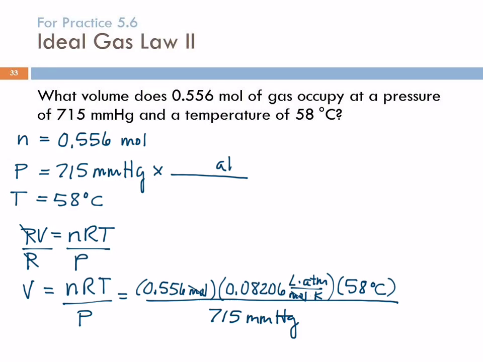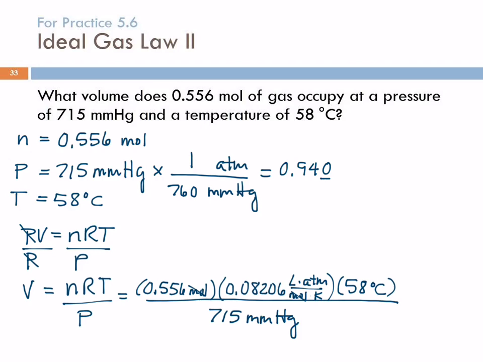We want atmospheres up here, and we want millimeters of mercury down here. How many atmospheres to how many millimeters of mercury? 760. 1 atmosphere is 760 millimeters of mercury. That is an exact conversion. So 715 divided by 760. That's going to get me 0.940.